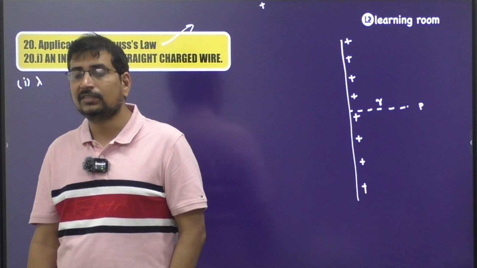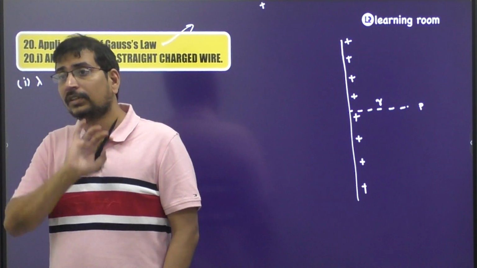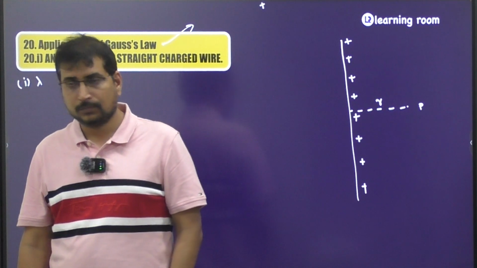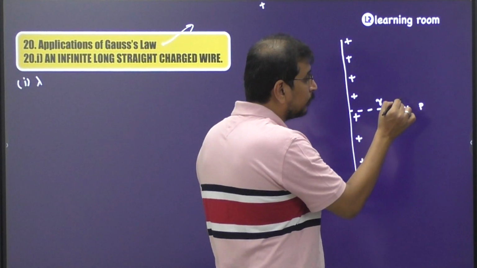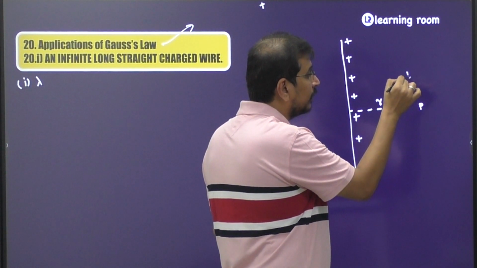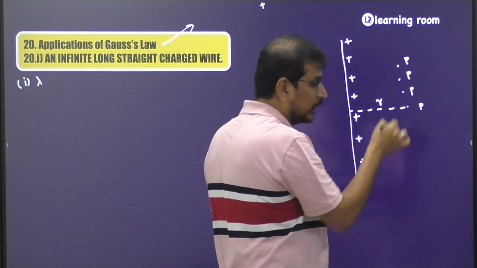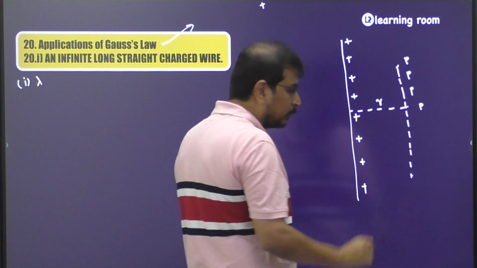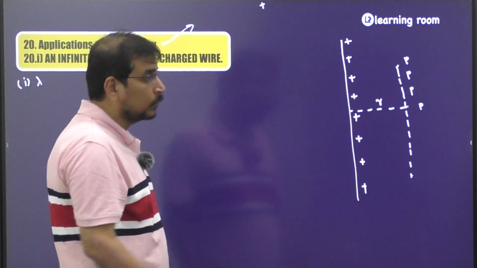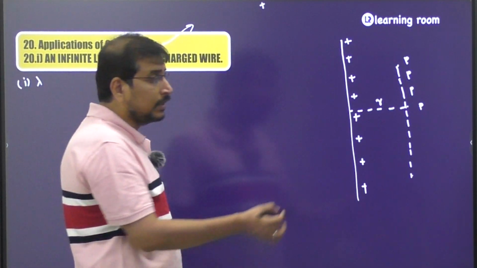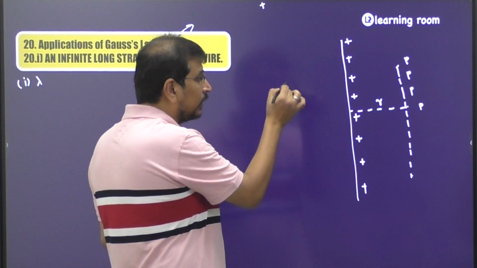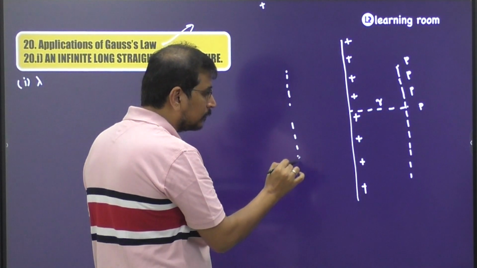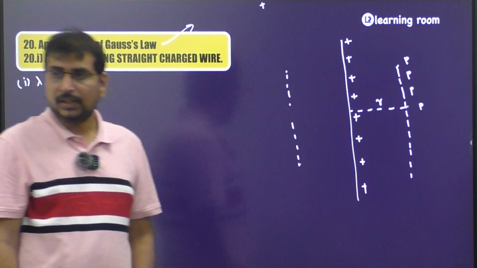So the Gaussian surface is supposed to be symmetric with respect to the charge distribution. Listen to this carefully. If this point P is here, the point P can be here, it can be here, it keeps on going like this. So when you join all these points, you get a straight line. Similarly, this point P could have been on the other side at the same distance r. That is another straight line.